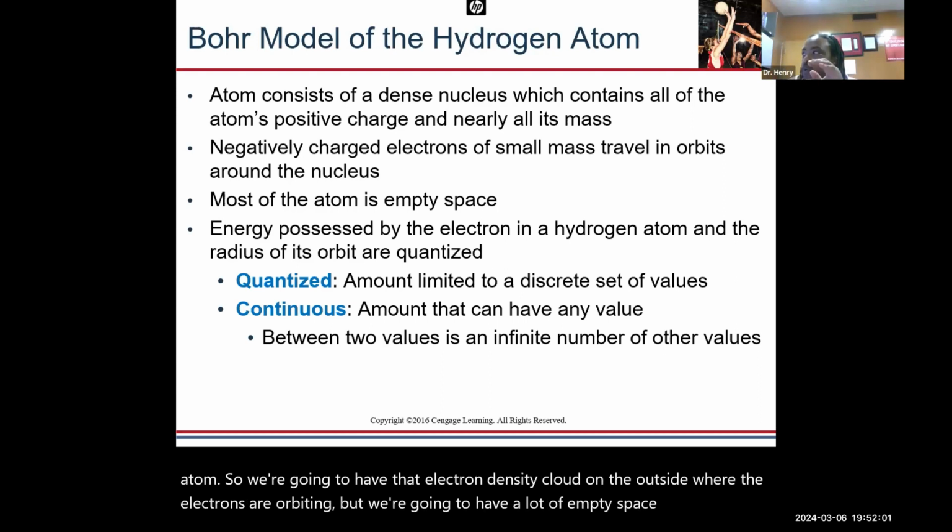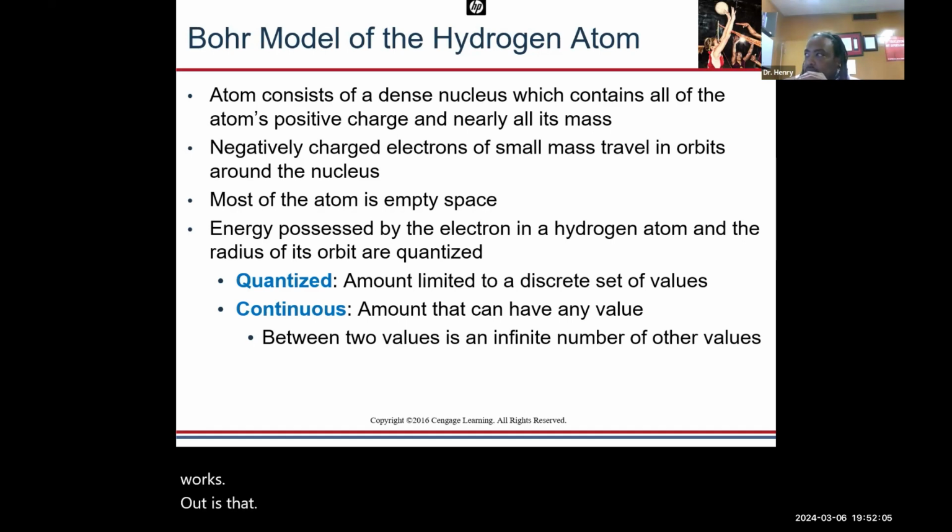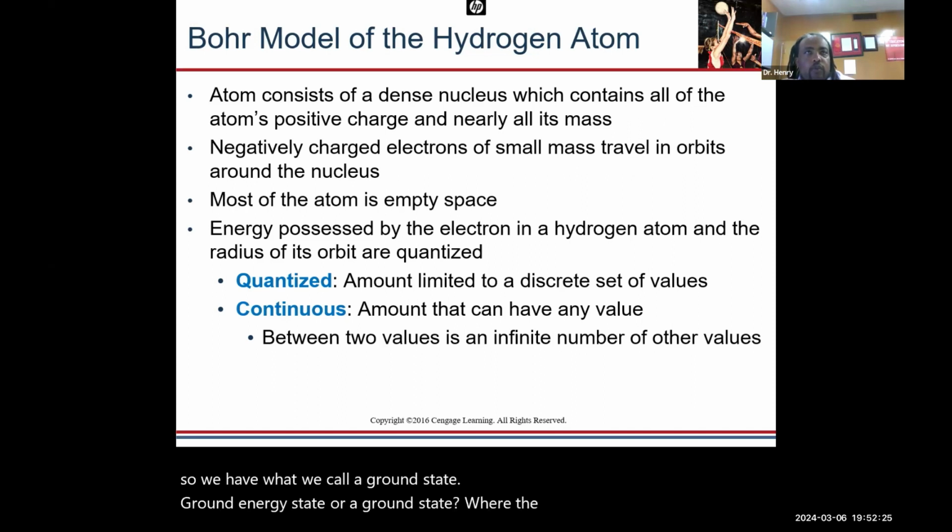Now, the way it works out is that the orbiting pattern of the electron is based upon energy. We have what we call a ground energy state, or ground state, where the electron is when it's low energy.